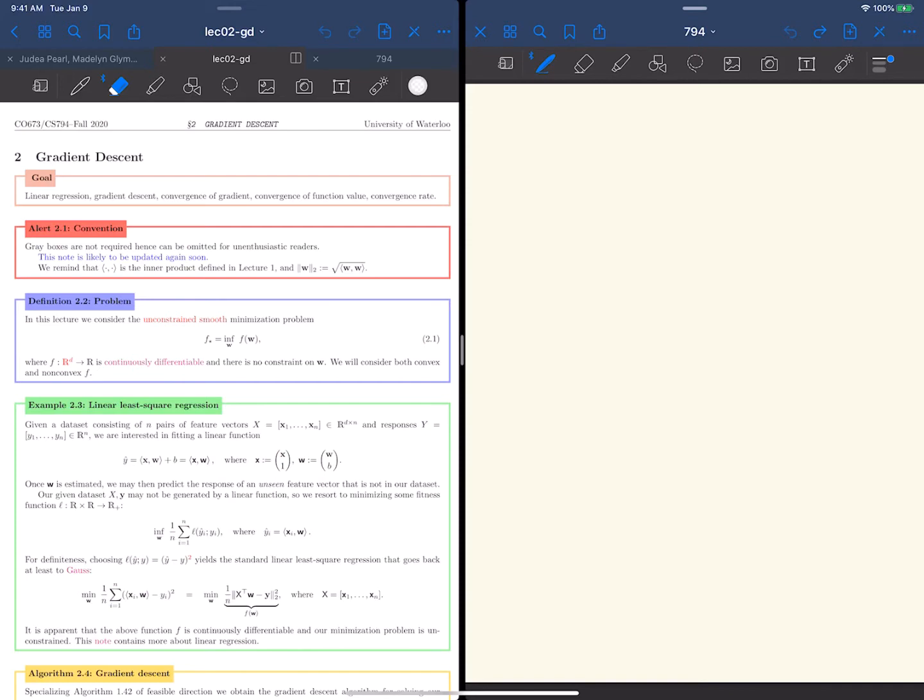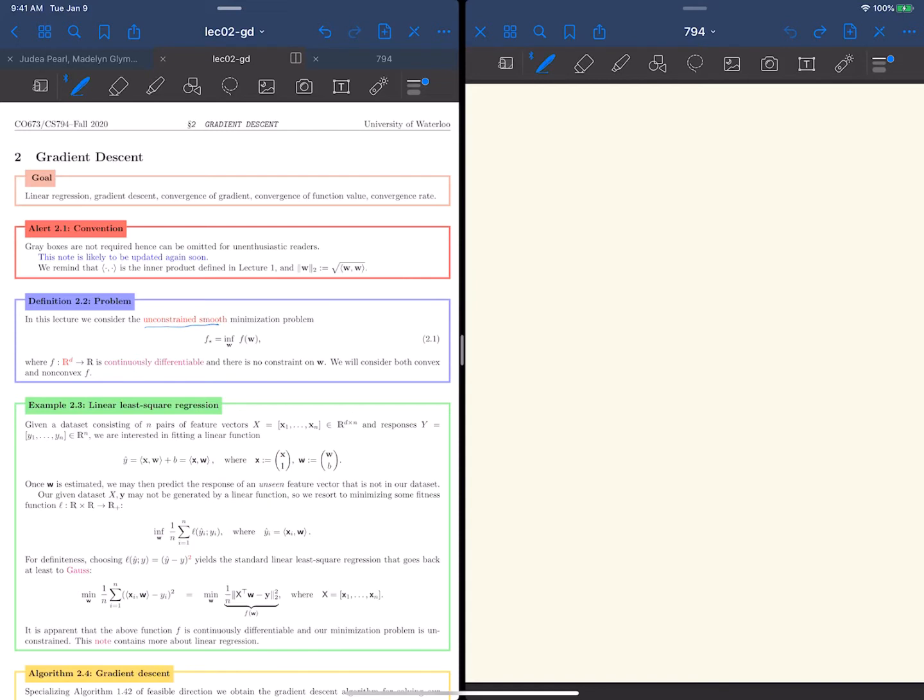So this is our second lecture, and we will start talking about our first algorithm, the gradient descent algorithm. The problem we're interested in solving in this lecture is minimizing an unconstrained smooth function. I highlighted the important thing here.